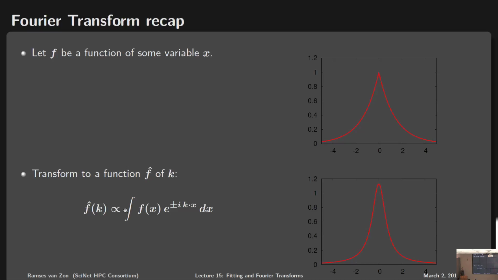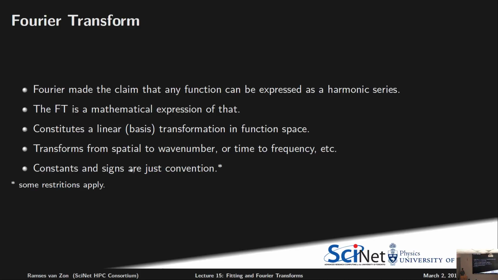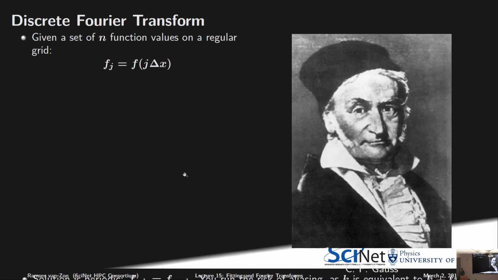It depends on your field, it depends on your numerical library. Similarly, whether the plus sign here or the minus sign here is taken, it's a matter of conventions, what you call x or minus x. So that's what I mean with they're just conventions. There are some restrictions, but they're conventions.